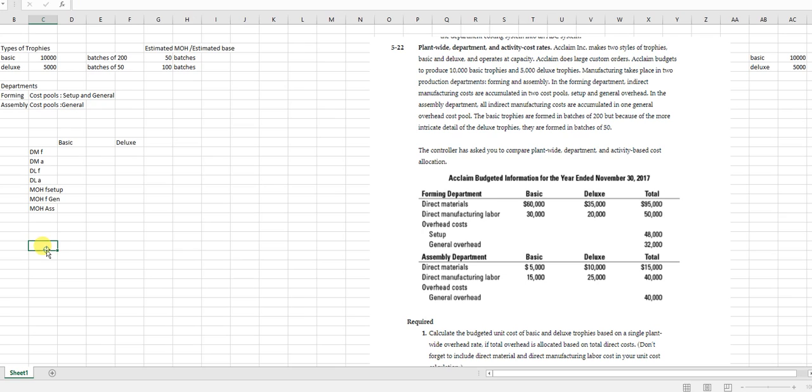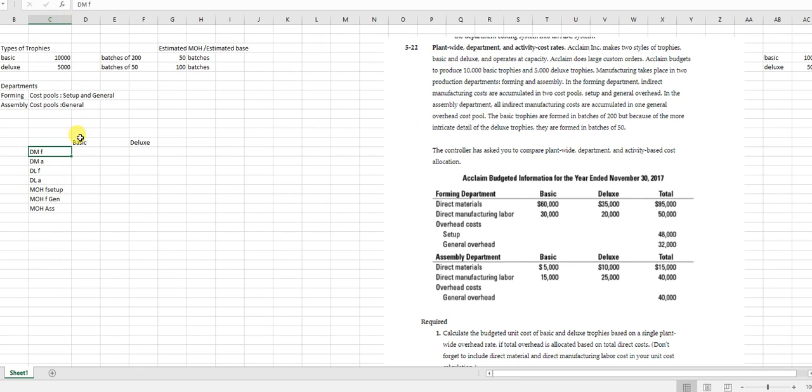If I did it again, I may actually have two columns that they accumulate the cost, or I might put all the forming together and all the assembly together, which your solution may or may not. I haven't looked at it yet. So right now I know that the direct materials in the forming department for the basic are 60,000, and direct labor for the forming department is 30,000.